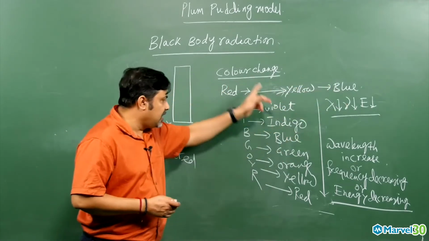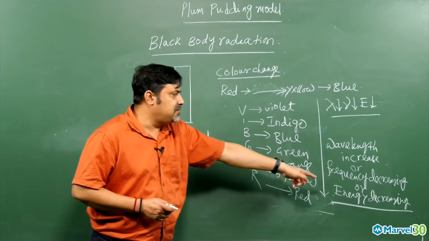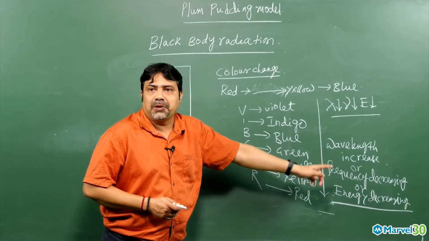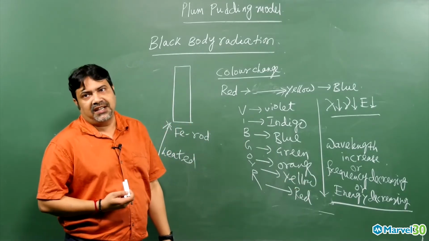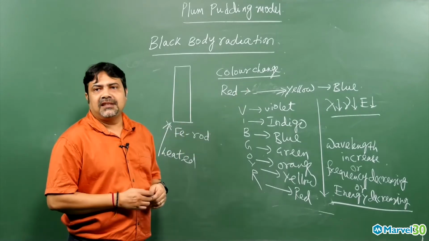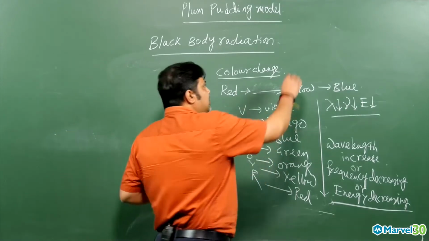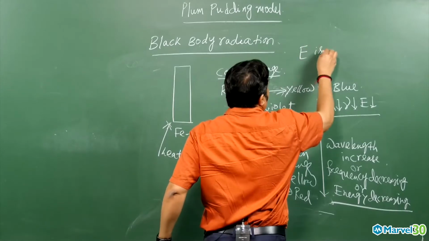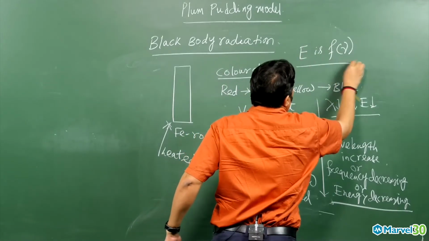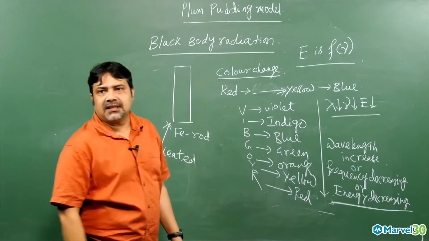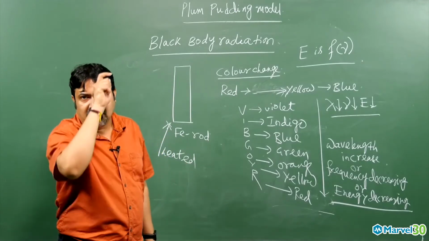So when the color is changing, obviously the frequency should be changing, because wavelength is increasing means frequency is decreasing. From this experiment they proved that energy is a function of frequency, not the intensity.